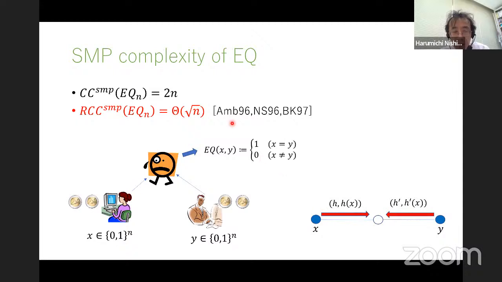In fact, Ambainis showed the upper bound of root n for this equality function, so we can reduce the communication to root n. But there is also a lower bound shown by Newman and Szegedy and Babai and Kimmel. So this strategy is also limited and not efficient, because an efficient protocol must have logarithmic n.